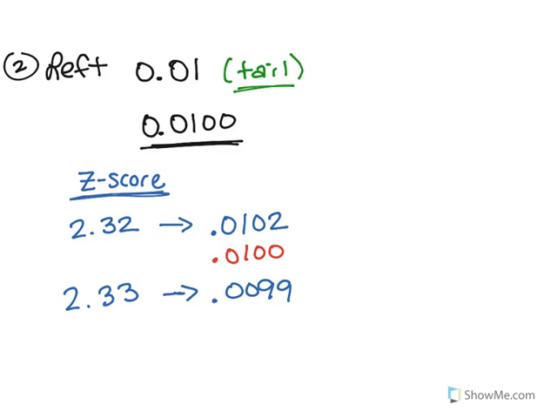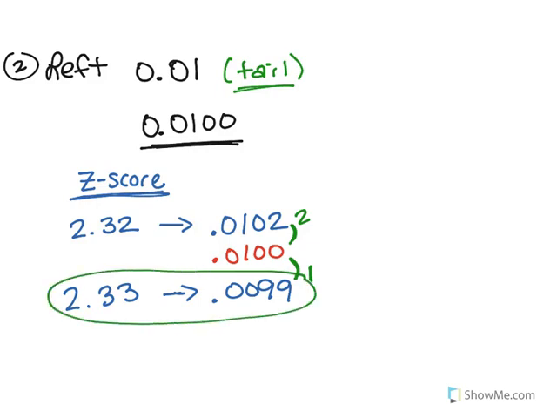It would need to be between these two numbers. We go with the number that's closest to the measurement I gave you. The 102 is two numbers of a difference, versus 99, which is one number of a difference. So we're going to use 2.33 as the corresponding z-score for 0.0100.